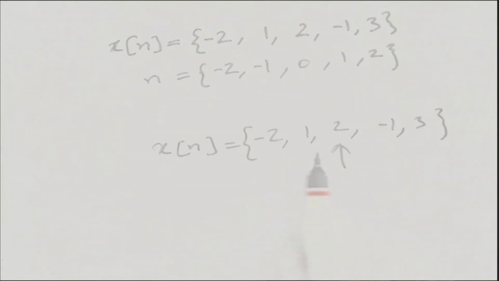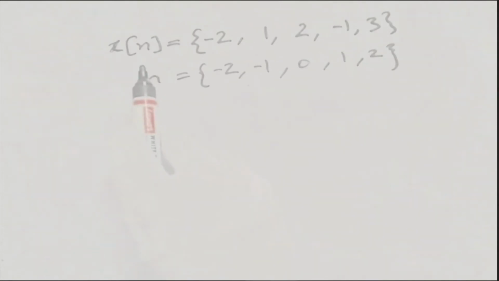So this is a simpler way to represent any discrete time signal. Now we are required to find the even and odd components of this x of n.